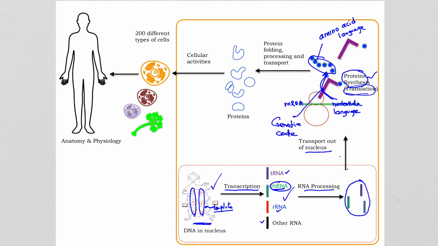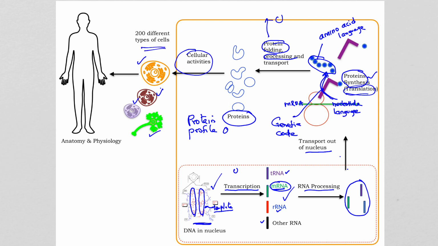Once the proteins are made, they undergo protein folding, there might be processing, and then they are transported to the right location in the cell, whether they're on the cell membrane or in the cytoplasm or in the nucleus and so on. And these proteins form what we call the protein profile of the cell. So all your 200 different types of cells have different protein profiles, and that's why they have different cellular activities.